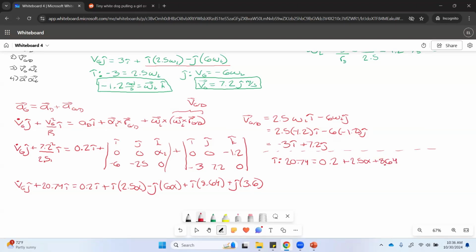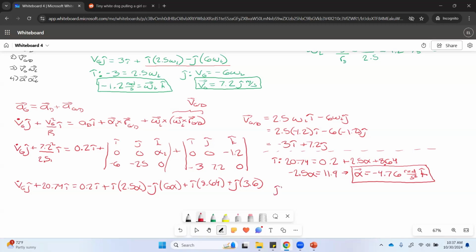So we rearrange this and we get negative 2.5 alpha equals 11.9, which gives us alpha equals negative 4.76 radians per second squared, and that is in k hat. Okay, so alpha is negative. Now, omega was negative. That doesn't mean that alpha has to be negative. They just happen to both be that.